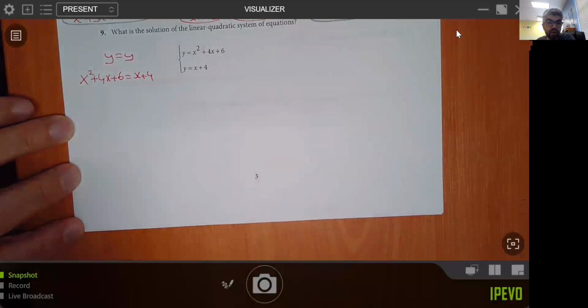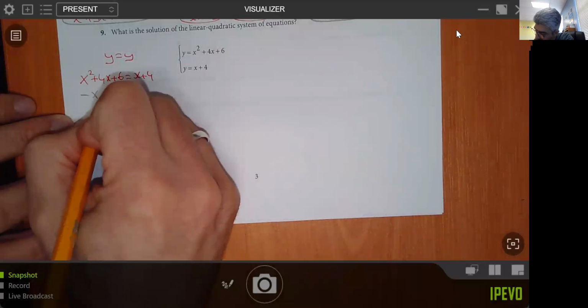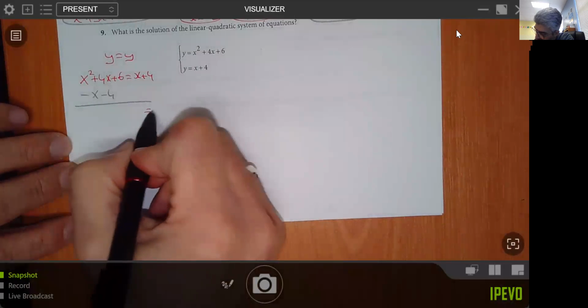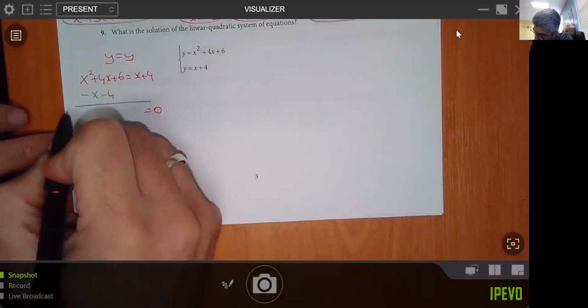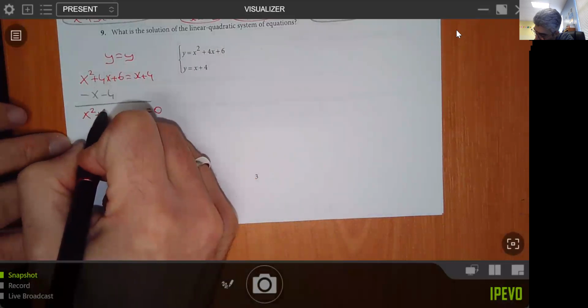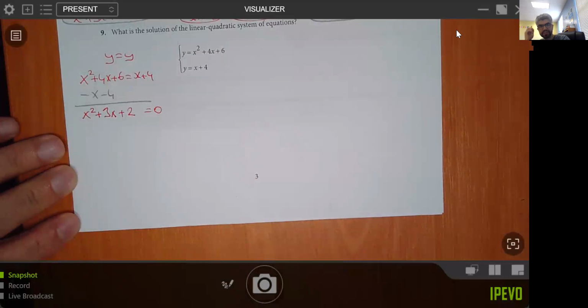Let's collect them on one side, on the left-hand side. So negative x, negative 4. And in that case, I will have just 0 on the right-hand side. And I will have x squared plus 3x plus 2 equals 0.